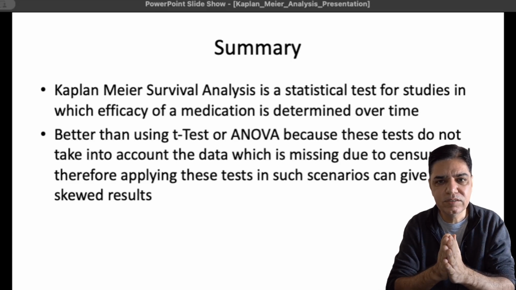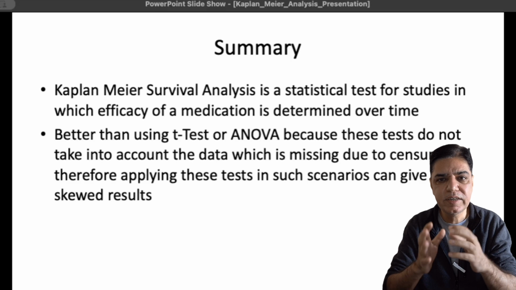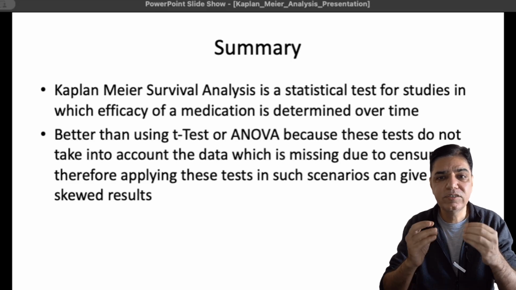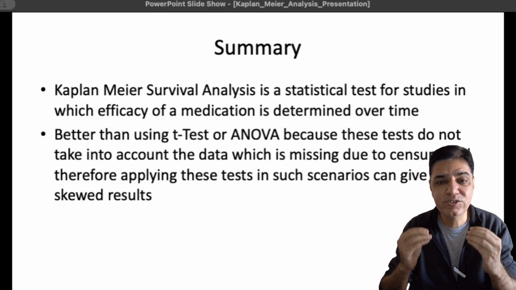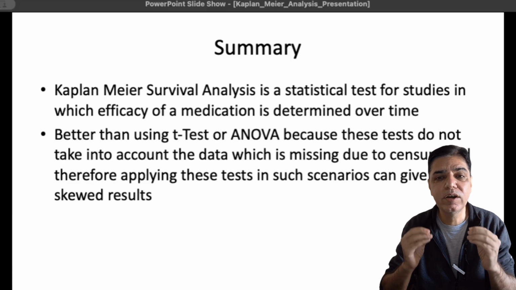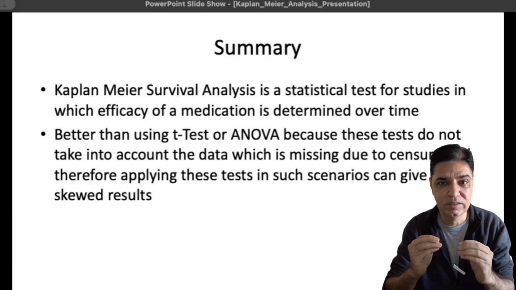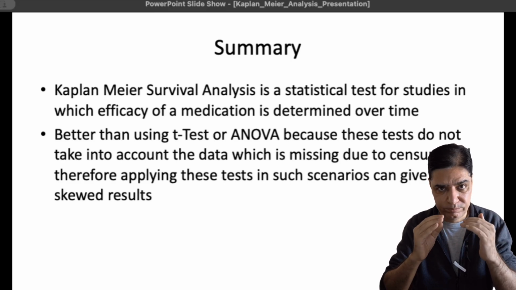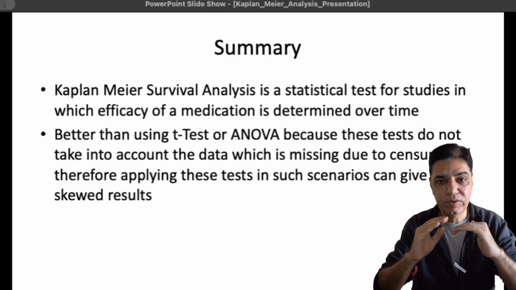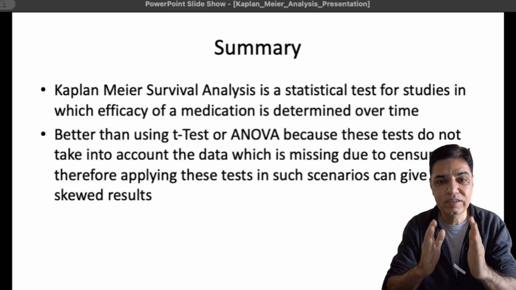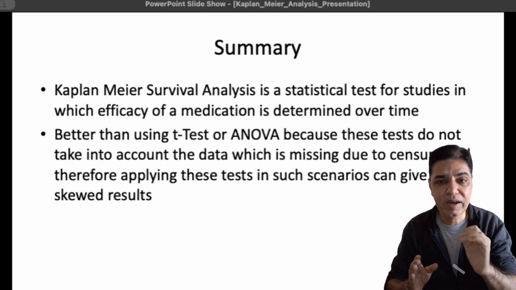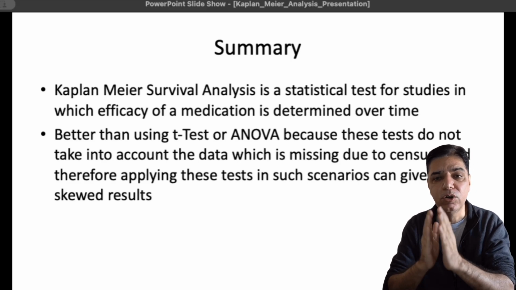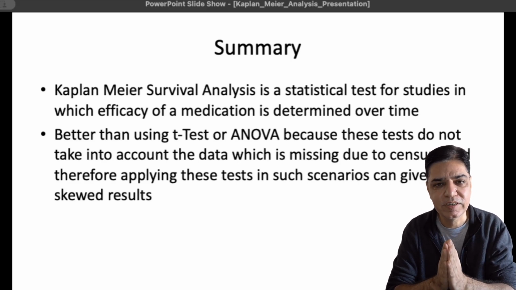Skewed results mean that you have introduced something which is distorting the actual results. So you can get skewed results, you can get biased results. So that's why a t-test or ANOVA is not used in these methods. When you are determining the efficacy of an intervention or medication over time, you cannot use them. You always run a Kaplan Meier survival analysis with the log rank test of significance.